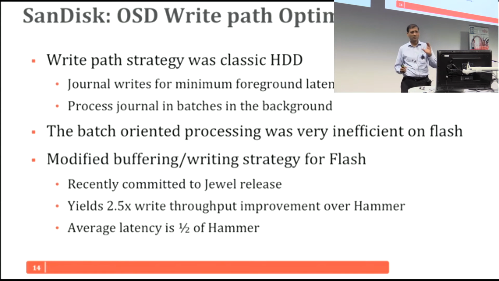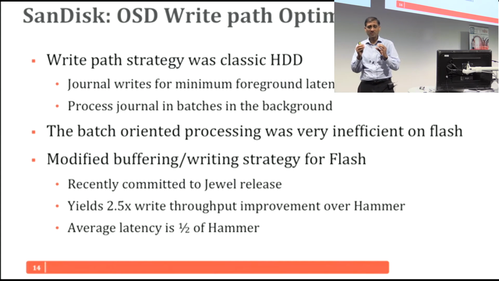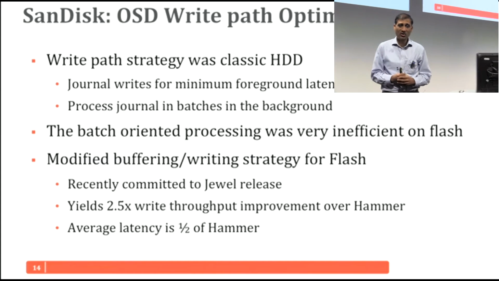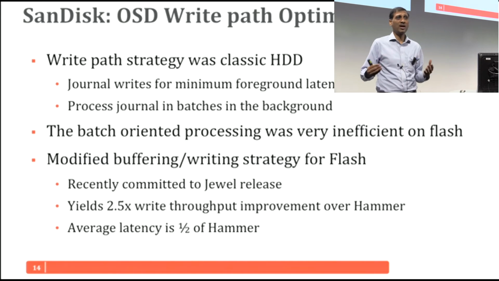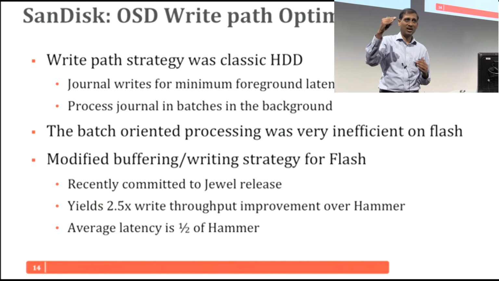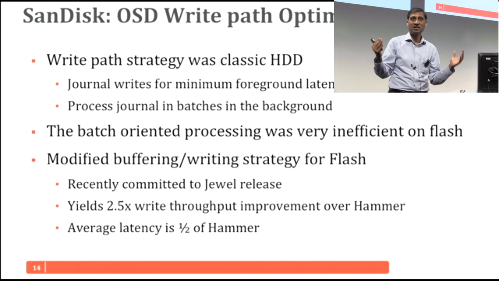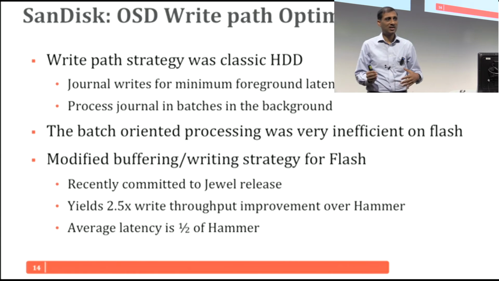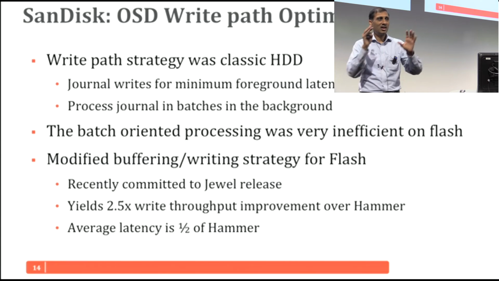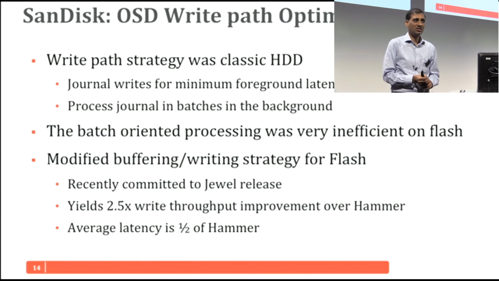We saw a lot of spikiness even when we used some kind of low performance. First, what we tried out is using NVRAM front-ending the flash, to make the journals even more efficient. Typically the strategy is that you put the data on hard drives and the journals on flash, on SSD.